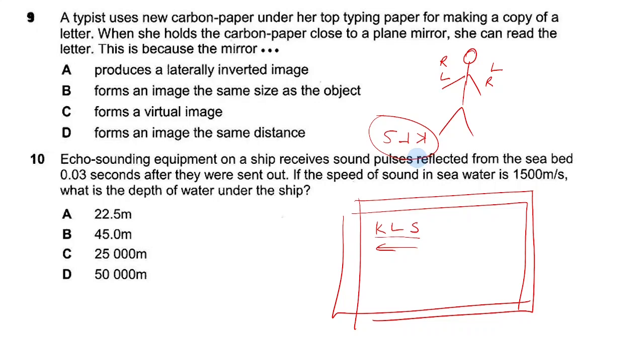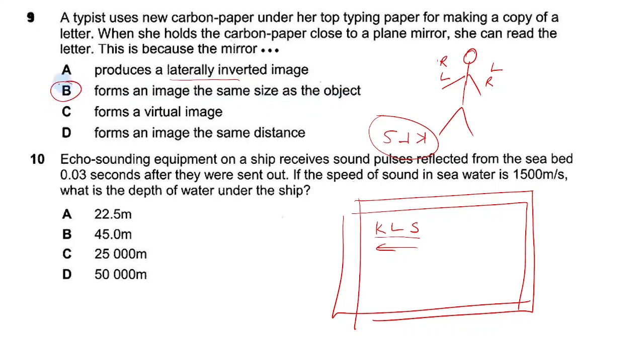But the thing is, if a person is able to read them, I don't think it is because of this, such kind of converting things, the right becomes left, left becomes right. It is what we call literally inverted. So is that the thing that can enable a person to read? I don't think so. What can make the person read, I think, is that it forms an image the same size as the object.